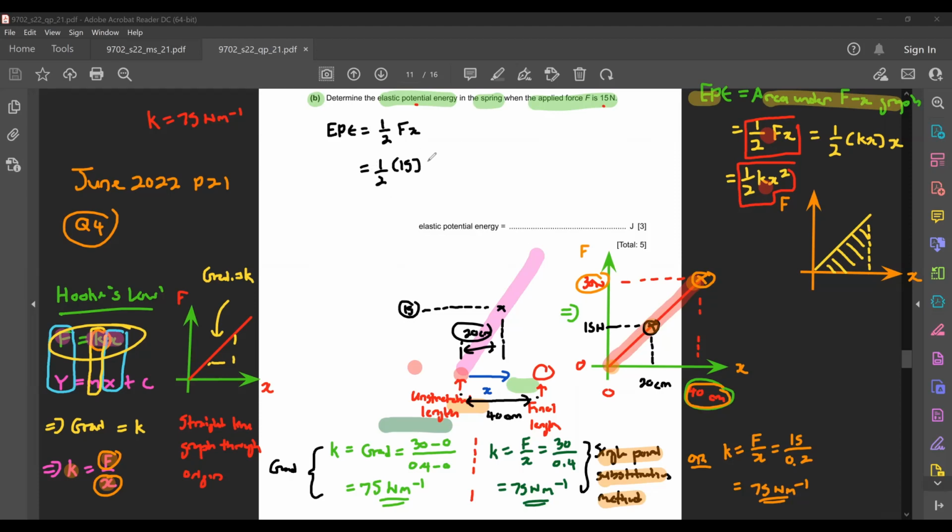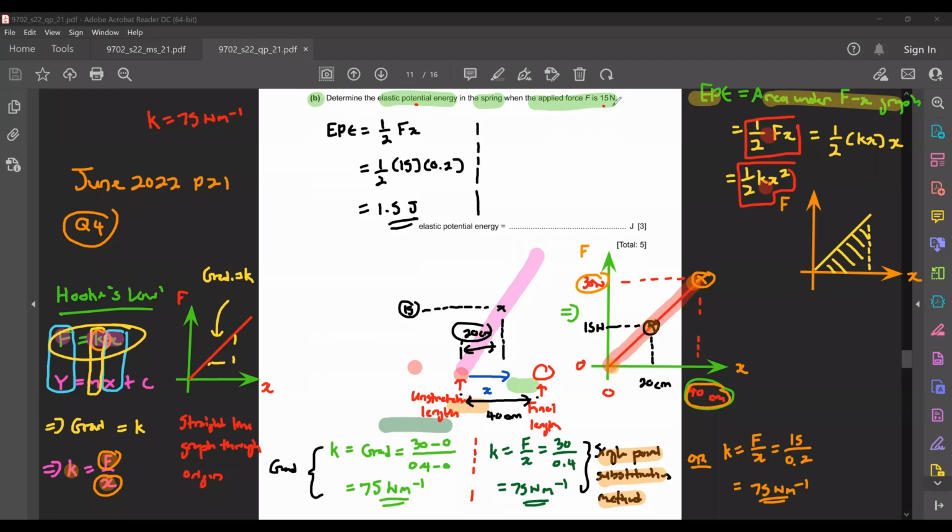So extension of 20 centimeter would be 0.2, giving us 0.5 times 15 times 0.2. We have the answer as 1.5 joules. All right. So this is if we use the equation half Fx.